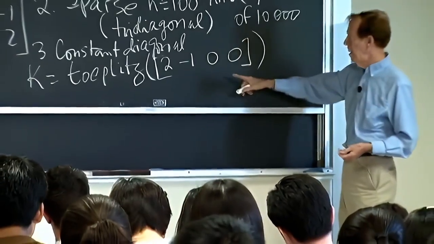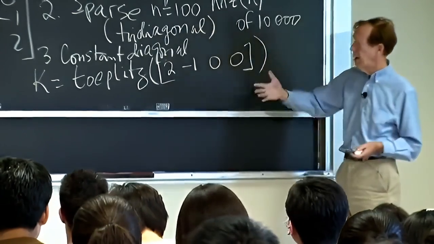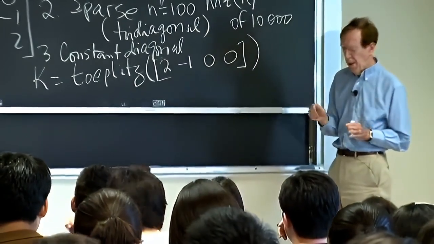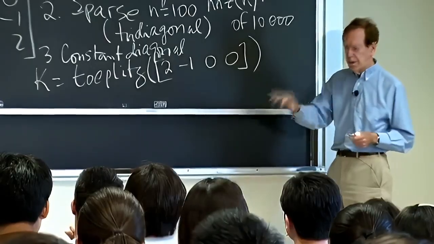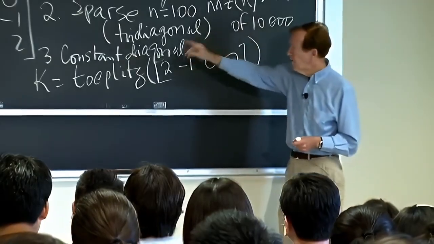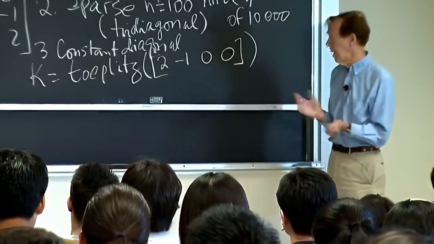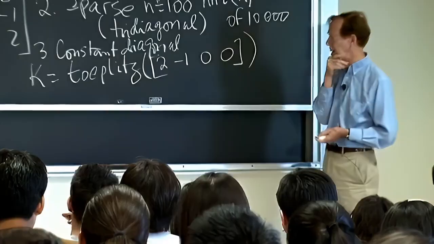If it wasn't symmetric, I would have to give the first column also. Toeplitz would be constant diagonal. It doesn't have to be symmetric. But if it's symmetric, then the first row and first column are the same vector, so I just have to give that vector. That's the quickest way to create K.